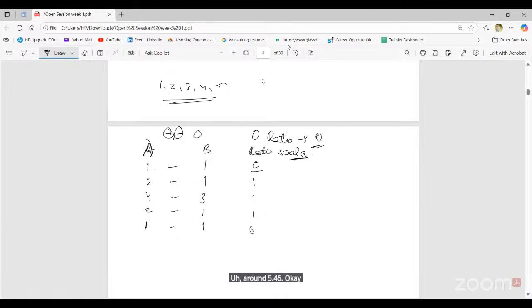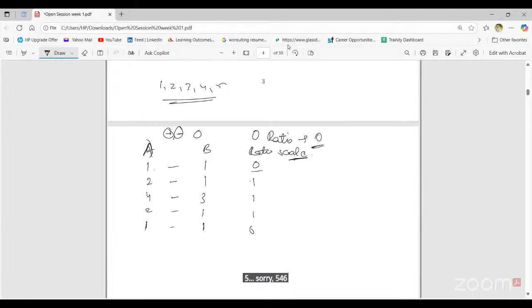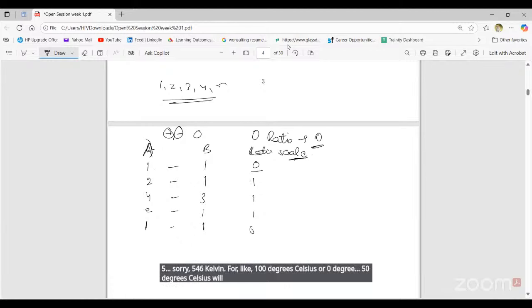So is 546 Kelvin twice as hot as 273 Kelvin?